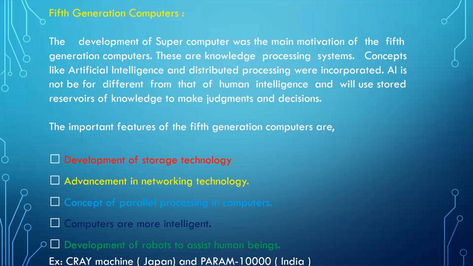When it became a more intelligent system, we started updating the storage technologies in it. Then we updated the networking concepts. Robotics were developed to help human beings. The Indian supercomputer is Param 10,000.